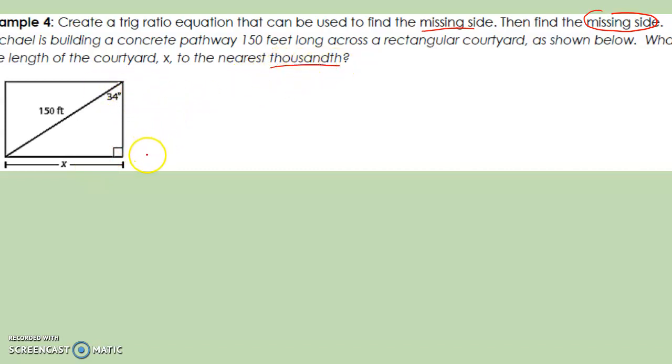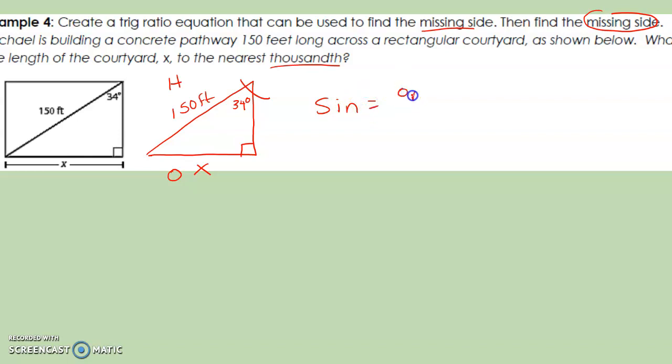So this little x, I'll just draw it on a single triangle. This is our 150 feet. Here's our 34 degrees. This is our angle of interest, so I want to label off my angle of interest. Here's my hypotenuse, and this is my opposite, O and H. Sine is opposite over hypotenuse, so I'm going to have sine of 34 is my opposite, that's labeled with x, over my hypotenuse, 150 feet.